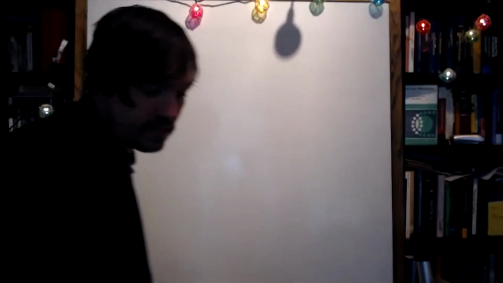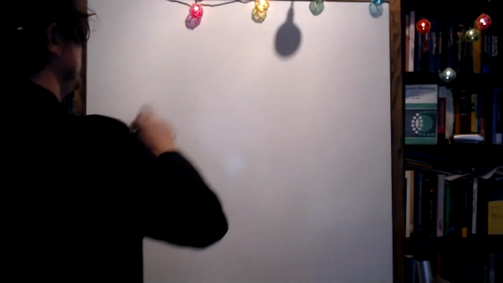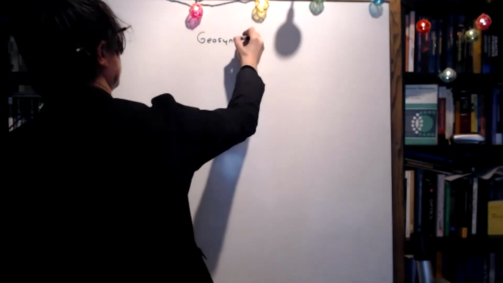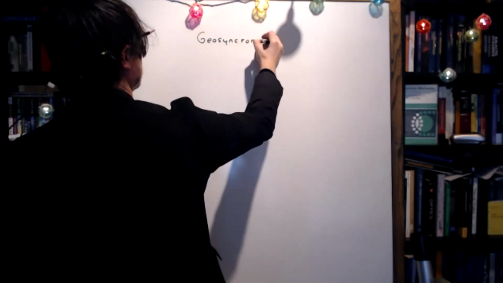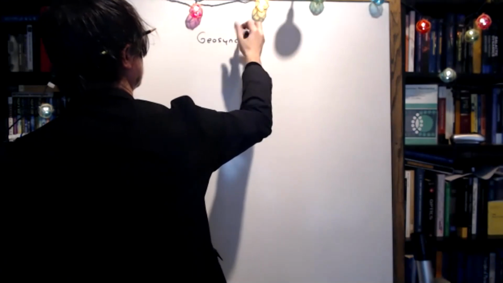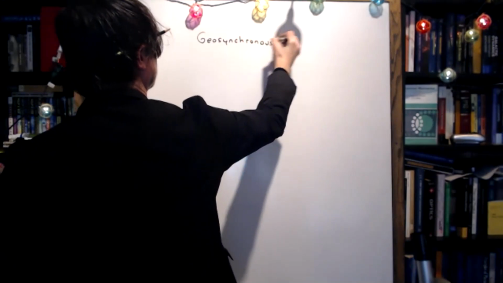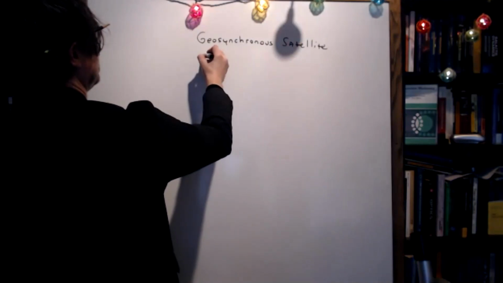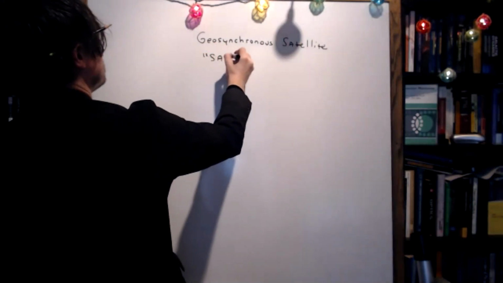Okay. The next problem is on a geosynchronous satellite. We got to move faster, okay? Introducing a geosynchronous satellite. The name of the geosynchronous satellite is SATCOM.